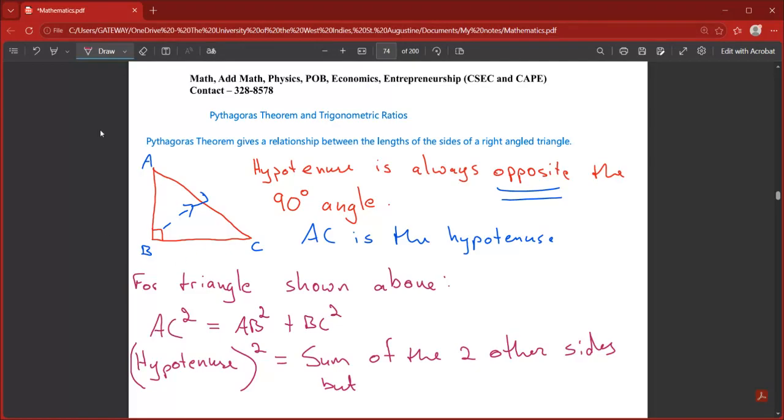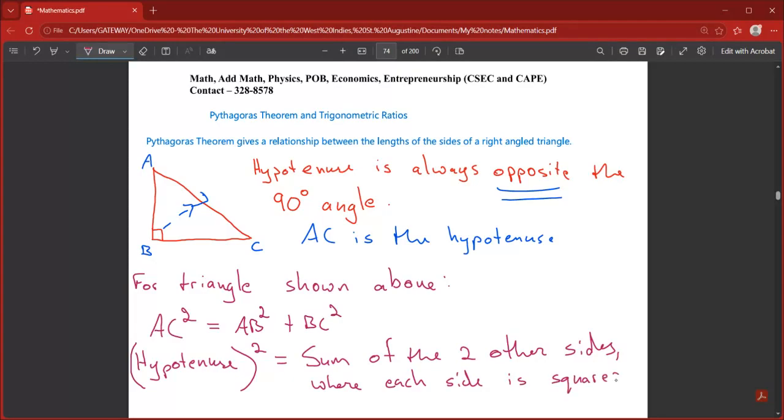Does that explain it? The sum of the two other sides where each side is squared.